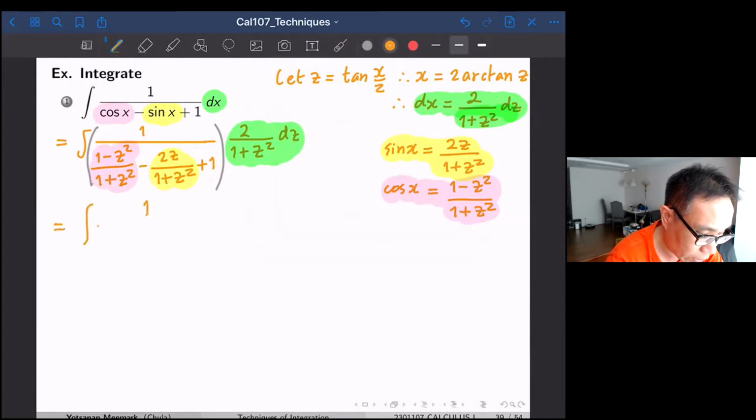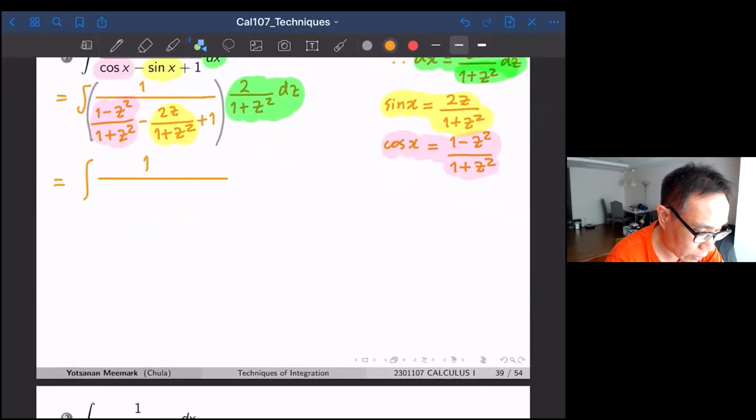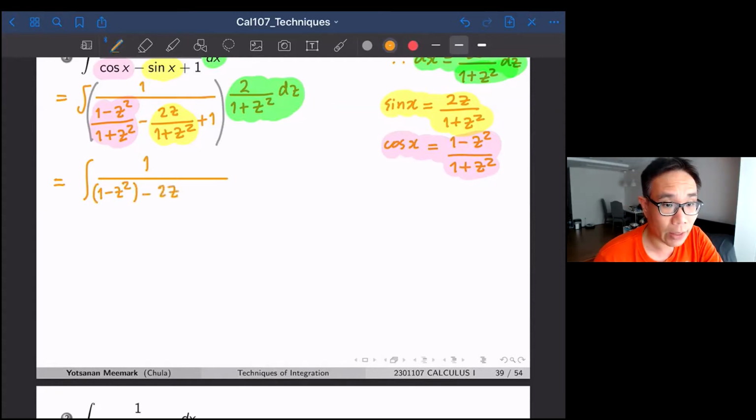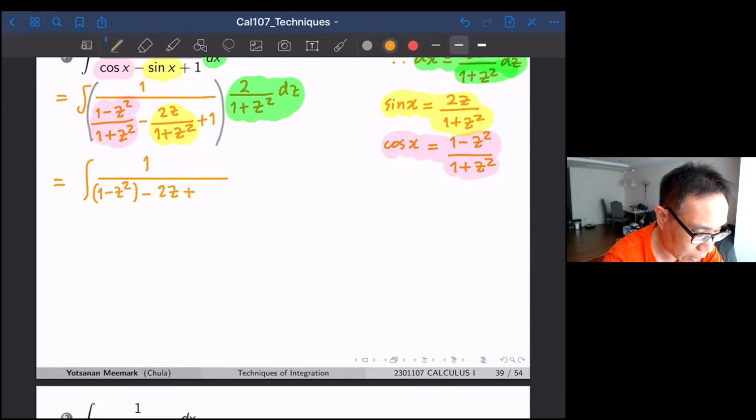It's going to be 1 over, for this one, 1 minus z squared, and negative 2z, and the green one multiplied by 1 plus z squared, so plus 1 plus z squared.